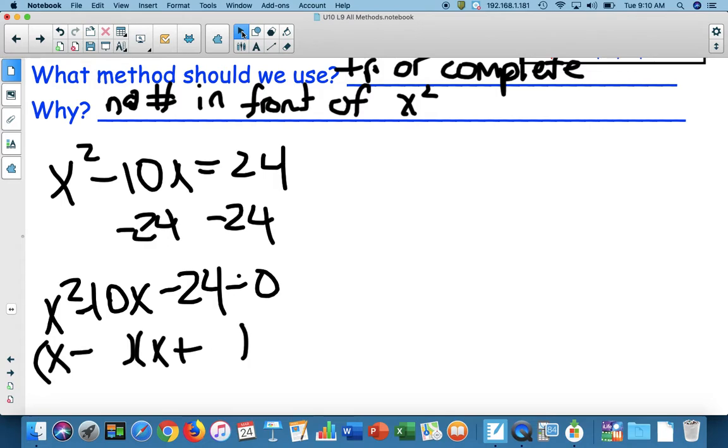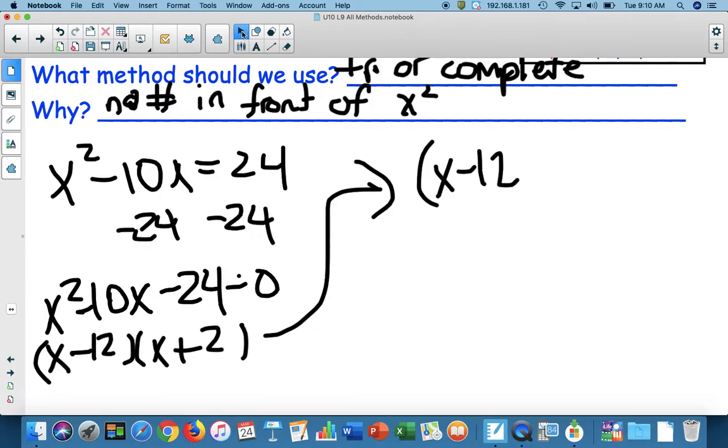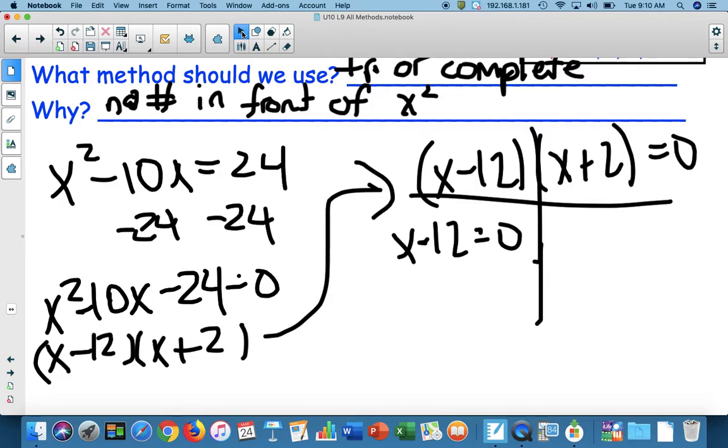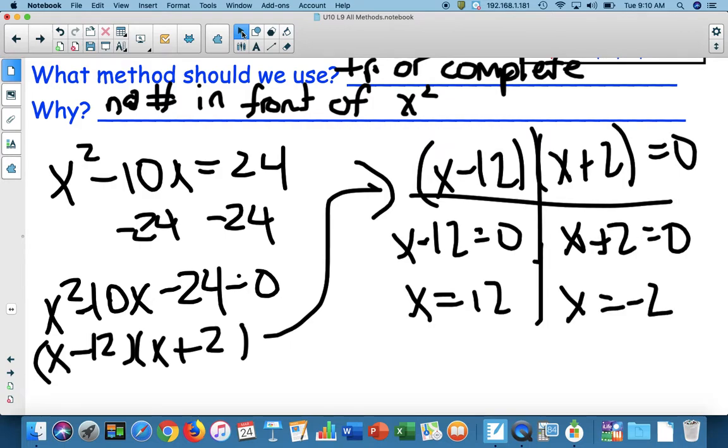So 12 goes first, 2 goes second, and then we do our t time. So x equals positive 12, and x equals negative 2.